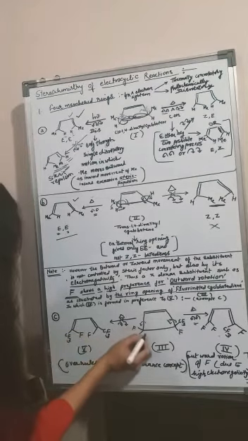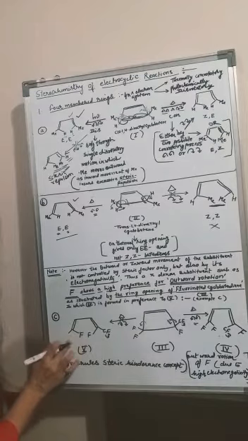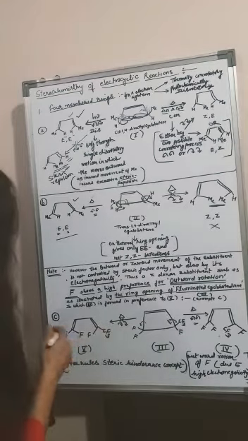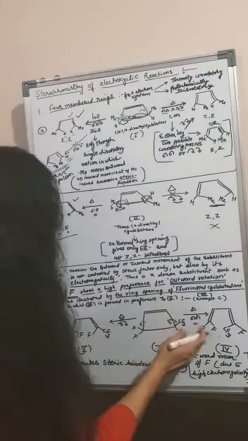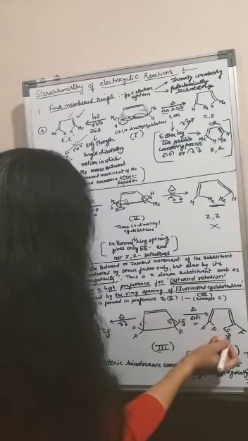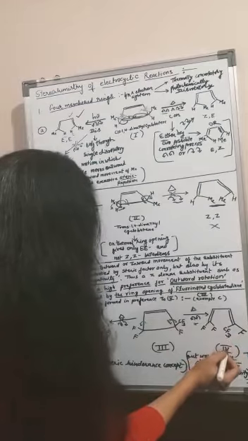Here both are F only, so there is no difference. Only this product, when CF3 is moving inside and fluorine is moving outward, will predominate.